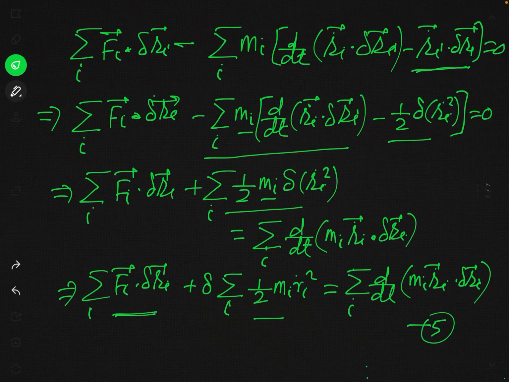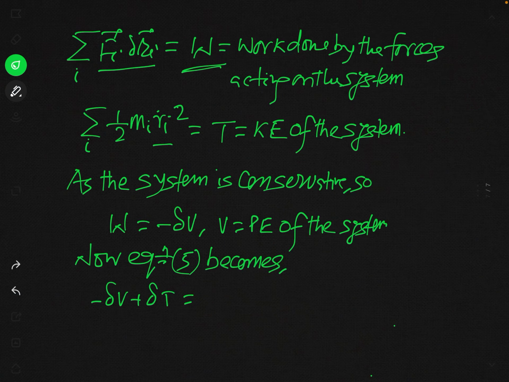See the RHS of this equation. This is summation over i d/dt of mi ri dot delta ri.